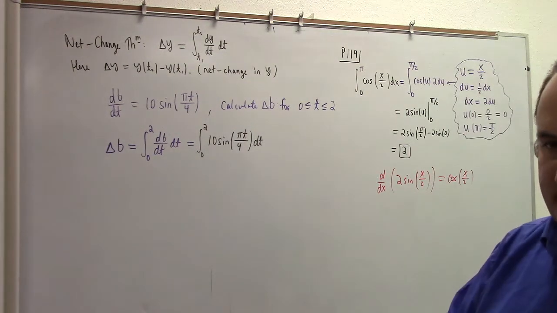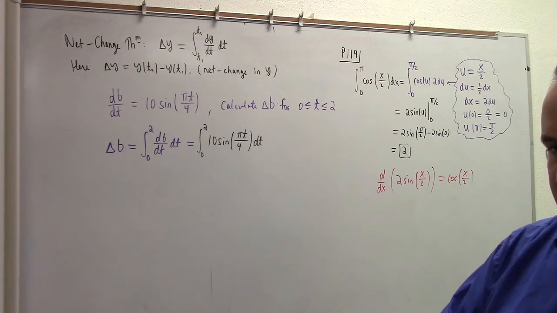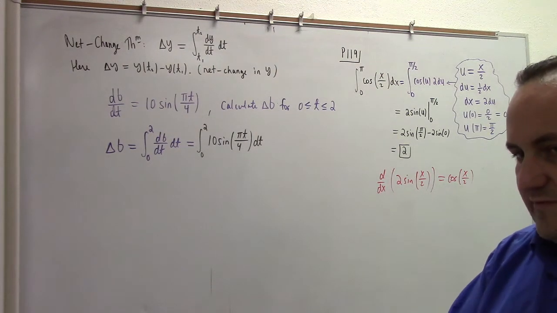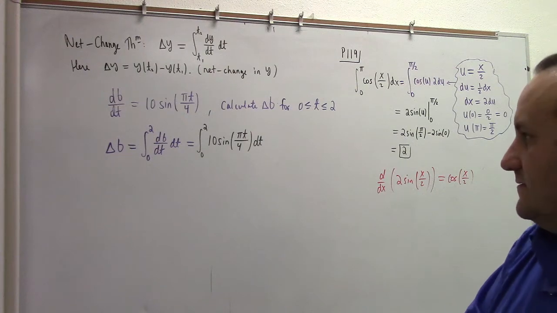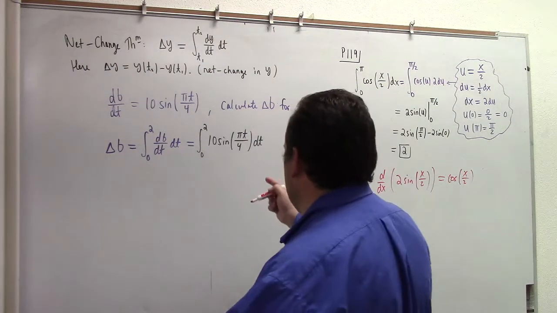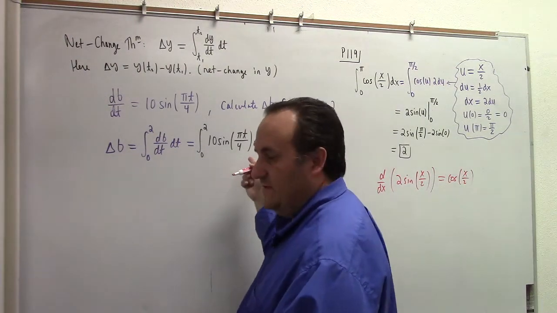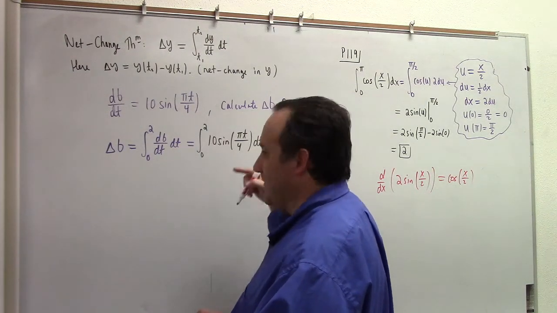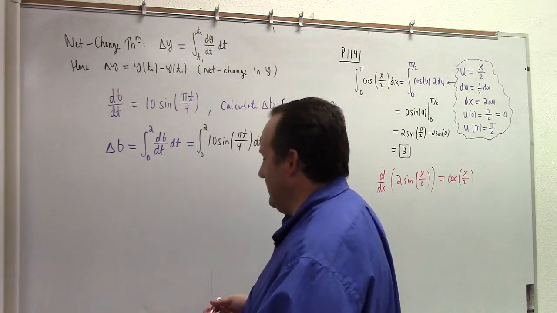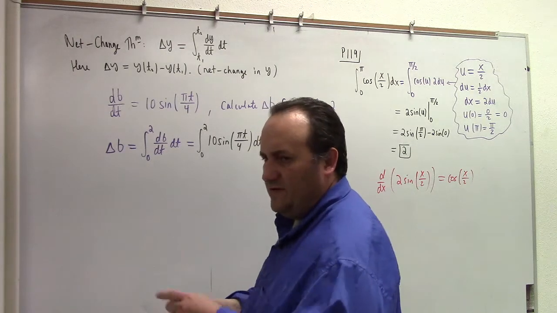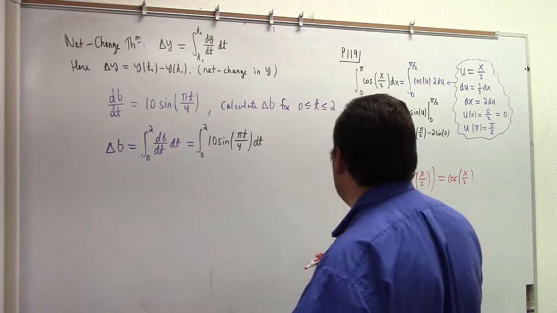That was the spirit in which this problem was originally assigned, because this problem set didn't assume U substitution. In the same way, I could tell you that the antiderivative of this is 4 over pi times 10 minus cosine of the same thing. But let's do the U substitution, like you said.